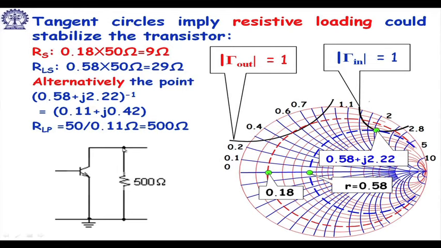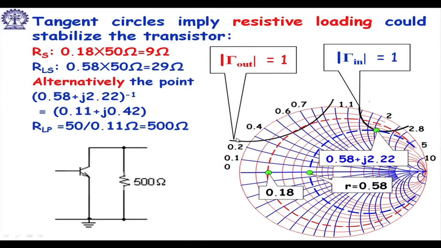Now, sometimes at the output you want to have parallel loading. So, we can see that for this 0.58, I can find out the admittance of this point, and it becomes 0.11.